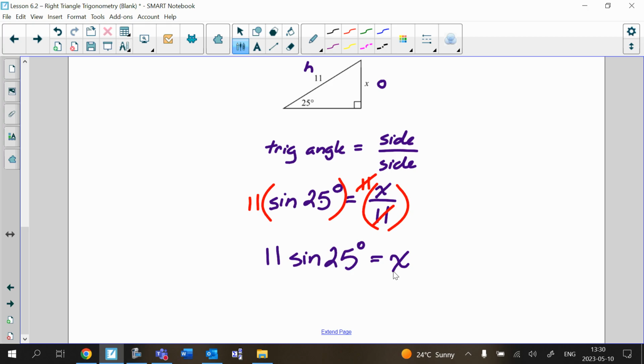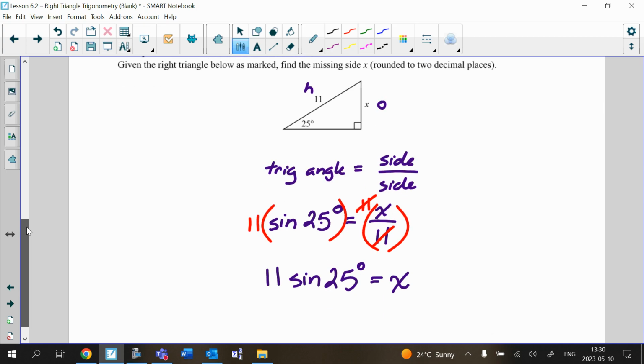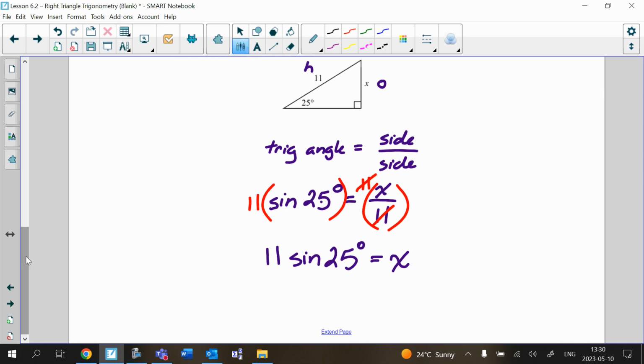And now, of course, in the last step in trig, no matter which one we do, you're going to need a calculator. So to find the missing side, I would do 11 times sine of 25. And what was I asked to round to? 2 decimal places. So if I do this properly on my calculator, I should get 4.65.